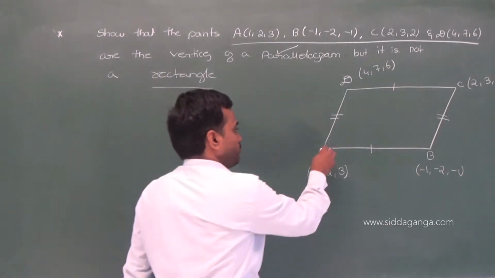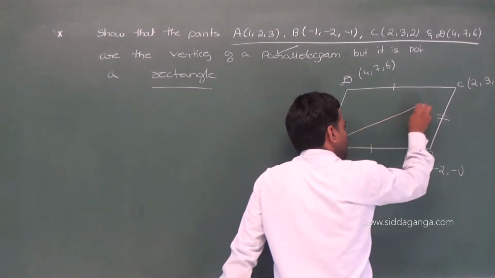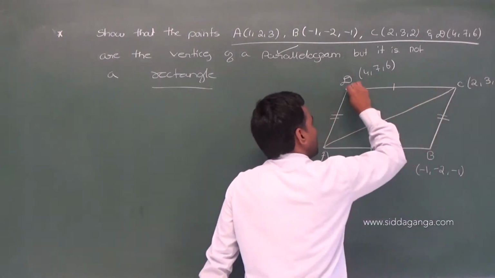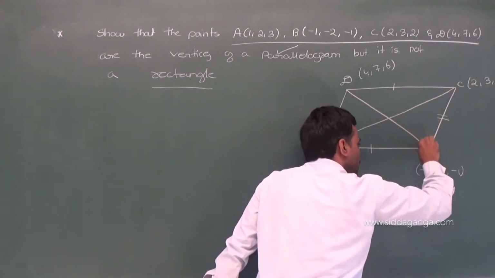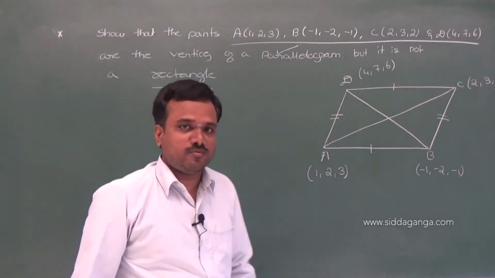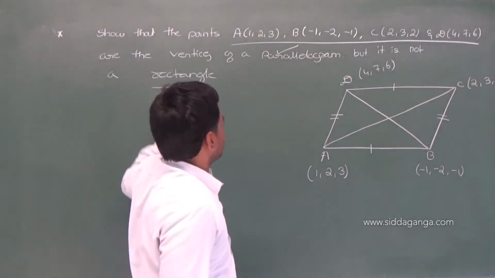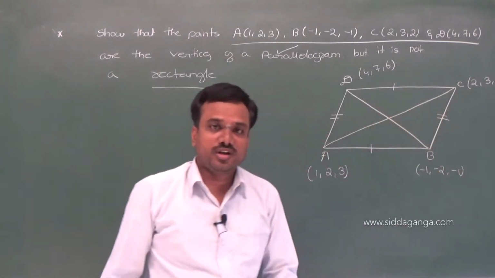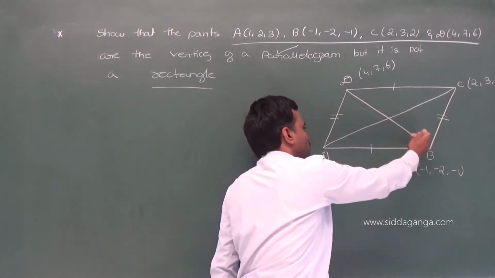For that, what we have to check? To prove it is not a rectangle, we have to find out the diagonal AC as well as the diagonal BD.